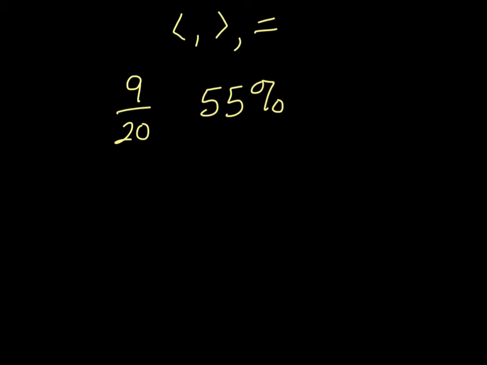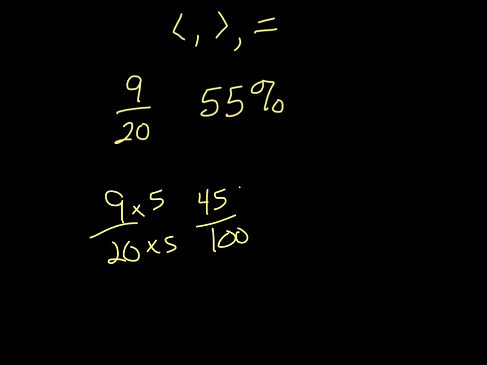And the reason I chose to do that is because right off when I looked at it, I knew if I times the denominator by 5, I could get it to 100. So now that gives me 45 out of 100, which would be 45%. And I can see that 55% is larger, so 9/20 is less than 55%.